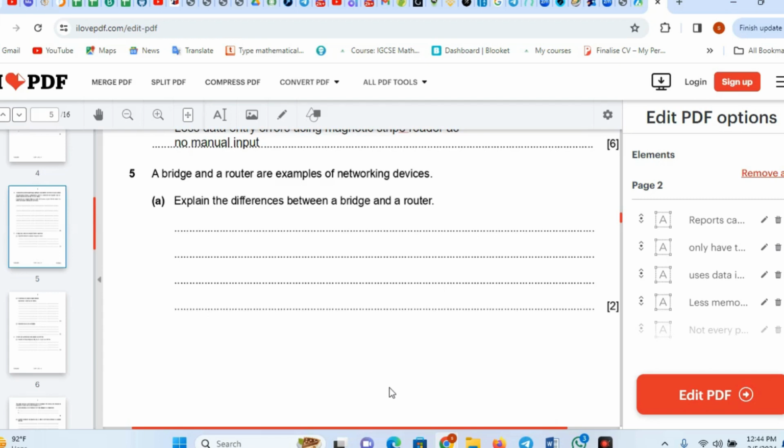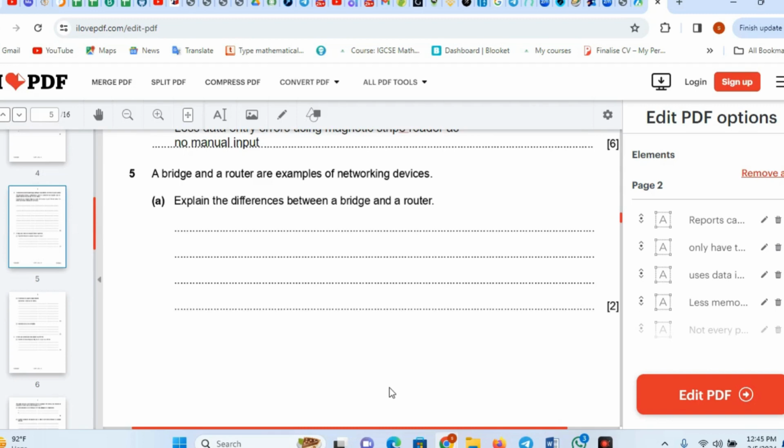So, when you want to explain difference between a bridge and a router, you can join them together, saying a bridge does this while a router does this. Or you can list the differences, you list one for bridge, you list another one for router.